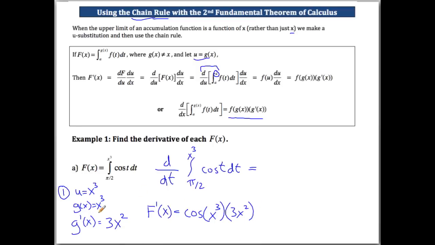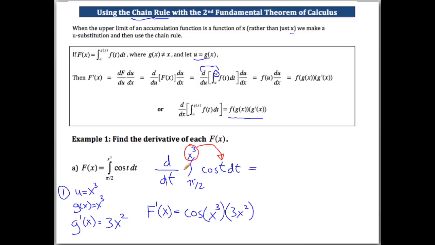Okay, so this method is using U substitution. Identify your u, let that equal g of x, find g prime of x, and then go ahead and plug it into this function right here. Now, a little bit quicker way, I think, to think about this is if you have the derivative of an integral, is simply to plug the limit function in for t.